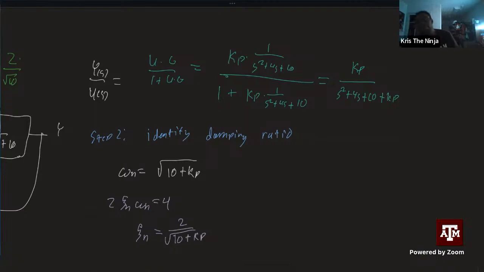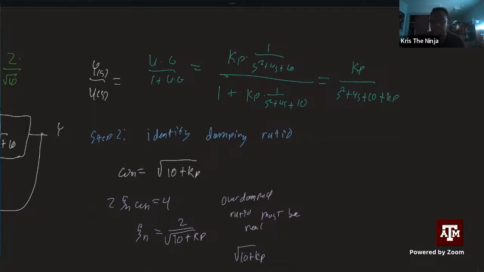So for an overdamped system, the ratio has to be a real number. So you have the square root of 10 plus Kp has to be greater than 2.